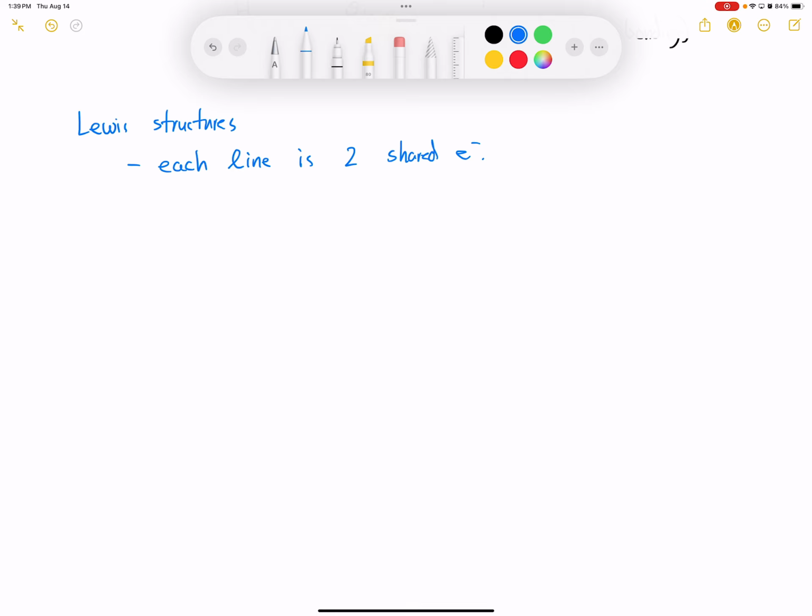Very good. Okay? So if each line is 2 shared electrons, then each double line, sorry, that doesn't make sense in English. So 2 lines is how many electrons? 4.